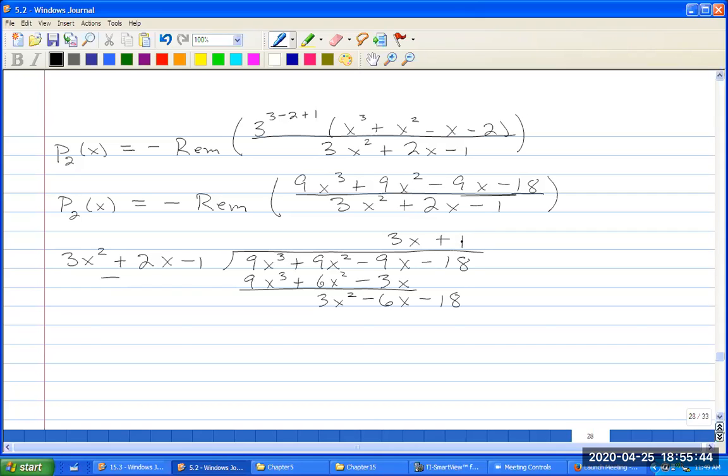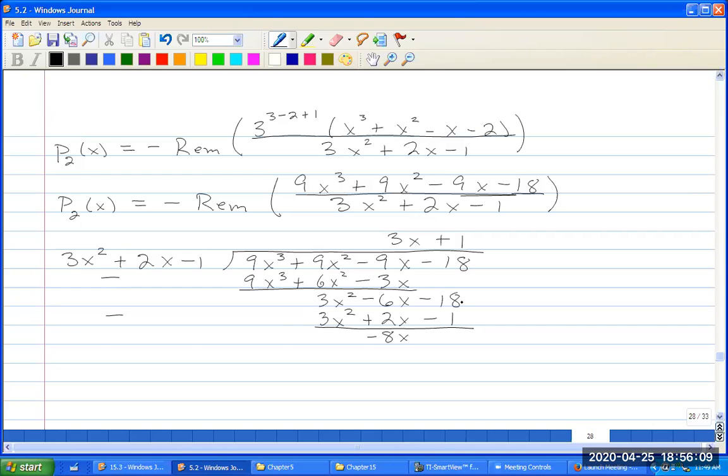So far, notice these are now done with all integer coefficients. And so let's multiply by 1. So I get 3x squared plus 2x minus 1. I subtract. The 3x squares cancel. Negative 6x minus 2x is minus 8x.